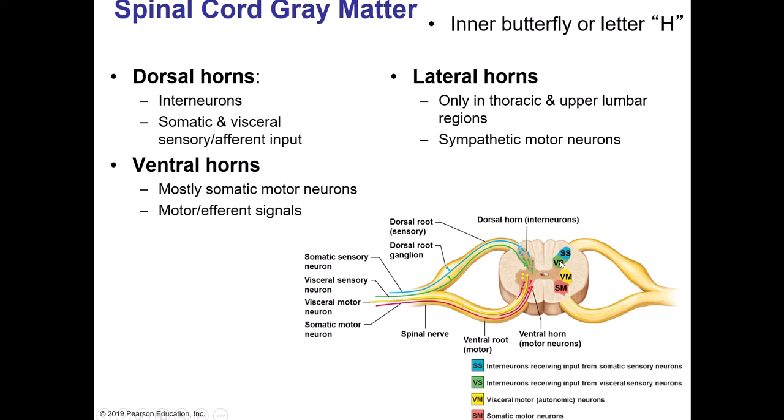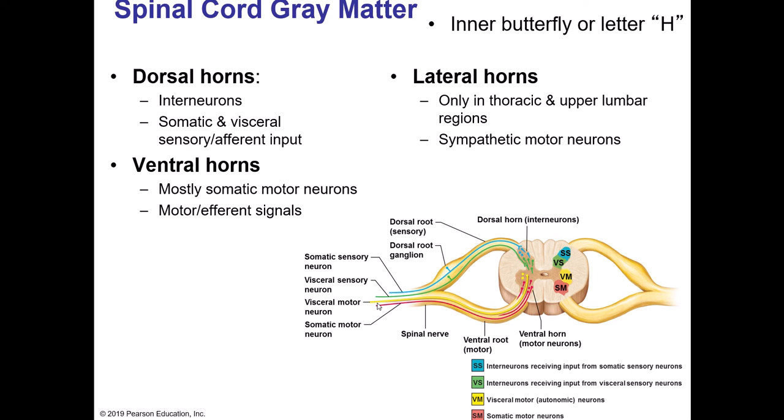So the dorsal horns contain interneurons, particularly for sensory information, so afferent information that's coming into the central nervous system from these sensory neurons and from some of these sensory nerves. The ventral horns are mostly motor neurons, so they're sending outgoing signals in terms of motor efferent information.